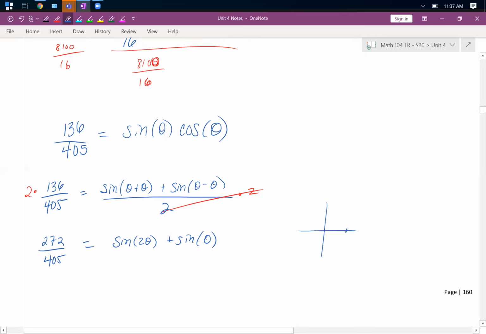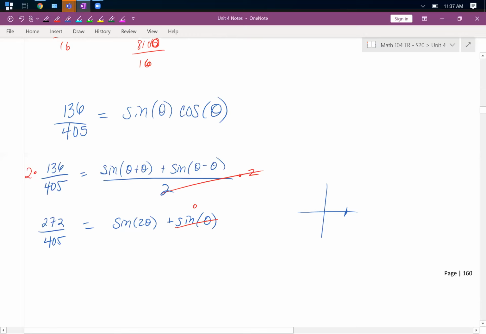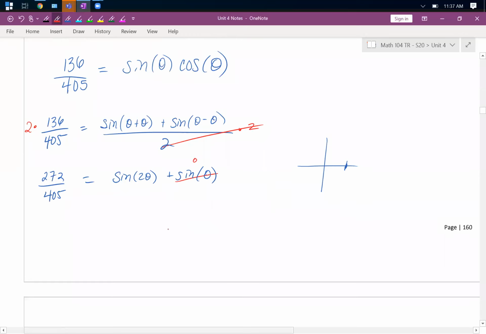Zero's right here. What's our sine value? 0. So we're looking at just 272 over 405 equals sine of 2 theta.